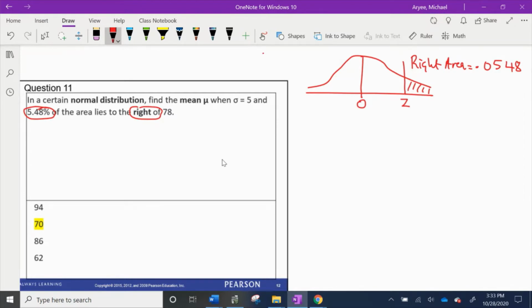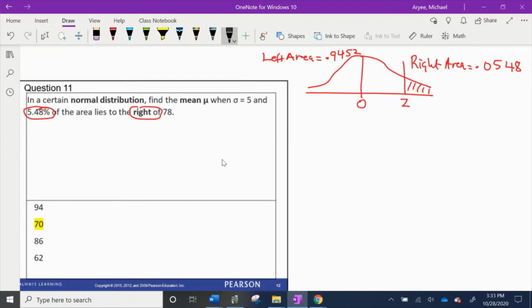Now you have to get the left area. Someone do the calculation for the left area and let me know. Note that the left area will be 1 minus something, right? I got 0.9452. I'm not going to double check because I trust you.